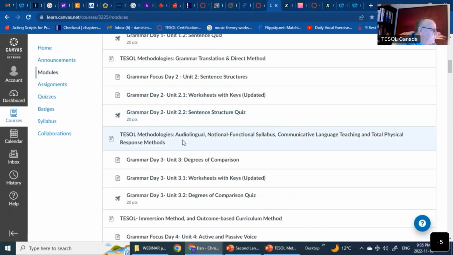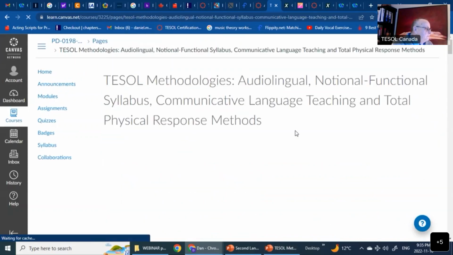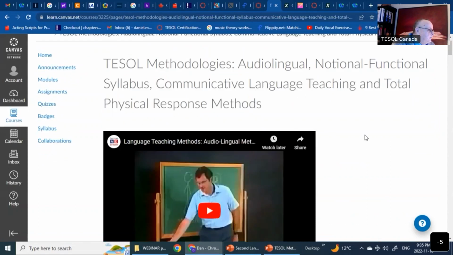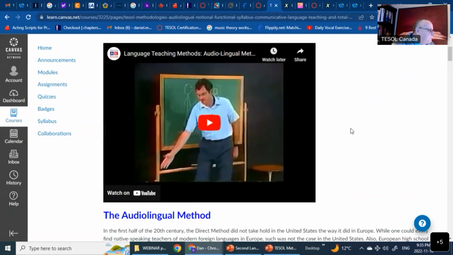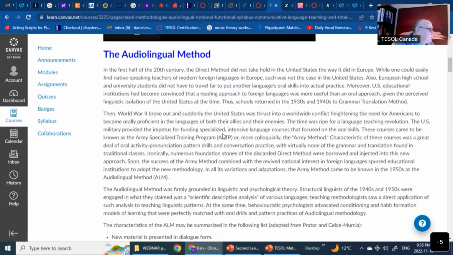And then just after day 2, we see here where you've got the audiolingual and the notional functional syllabus methodologies, as well as communicative language teaching and total physical response. We're focusing on the audiolingual tonight, along with the communicative language teaching and the notional functional syllabus.